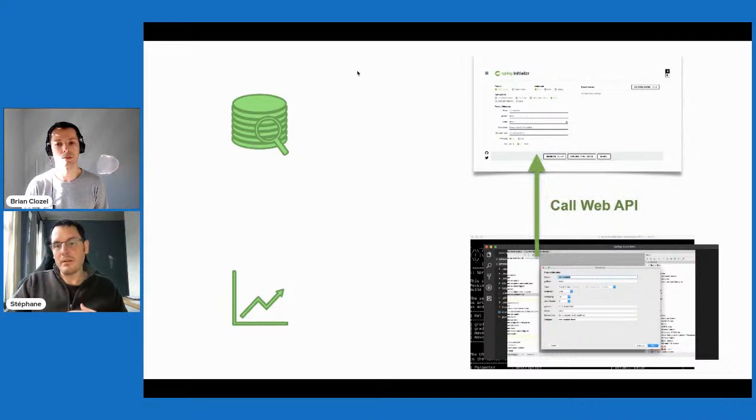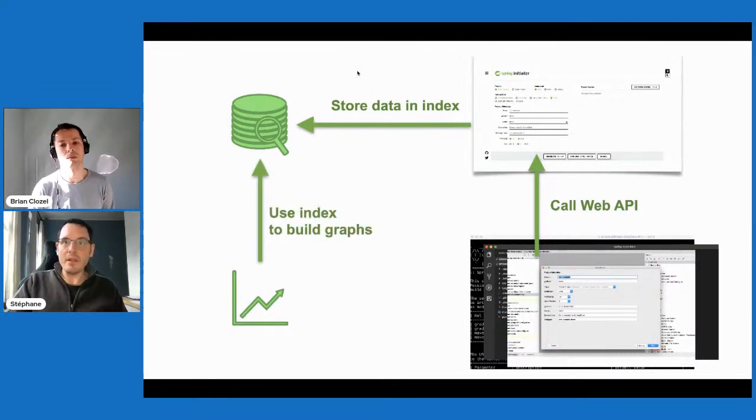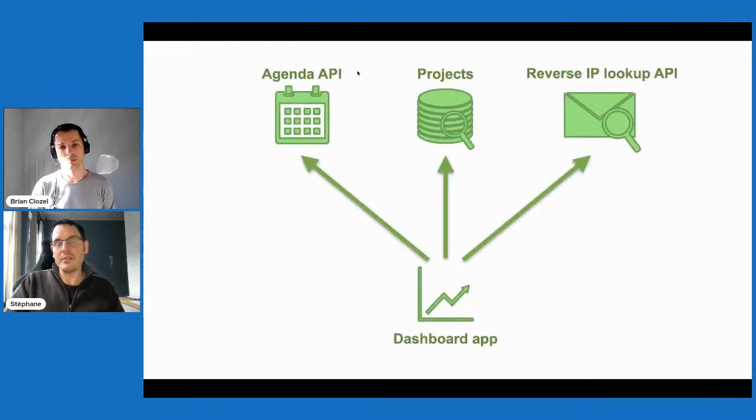There's an API you can call to generate a project. We store data in an index, so your preferences and the options that you've chosen. And what we're going to do is build this app that basically shows some graph based on the data in the index. It's for the purpose of the talk today. It's all fake data, of course, but we'll see how that's relevant.